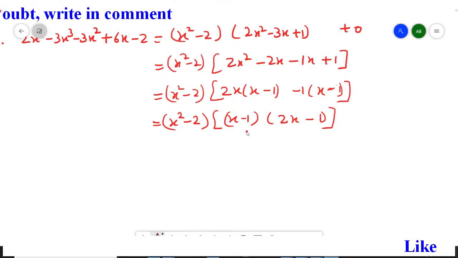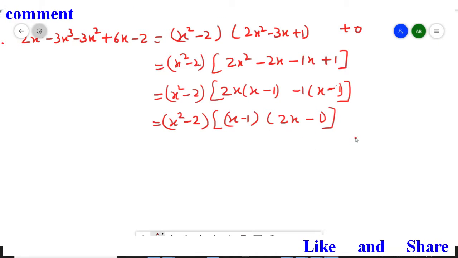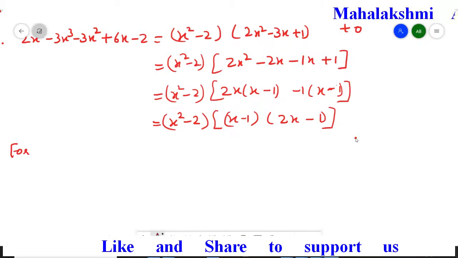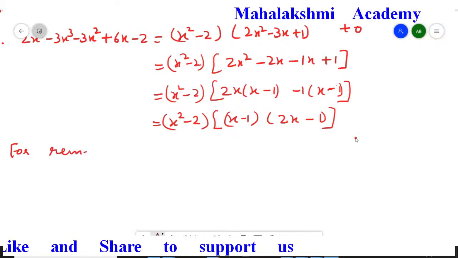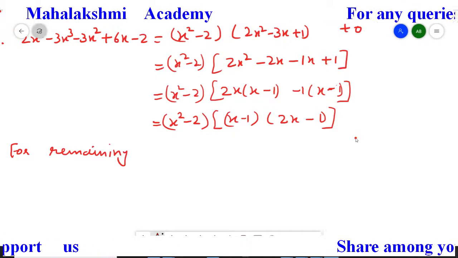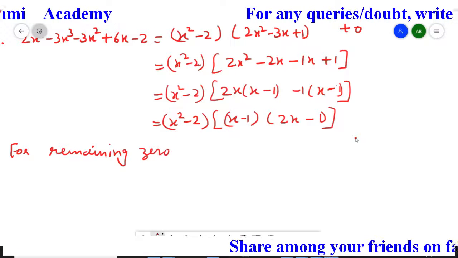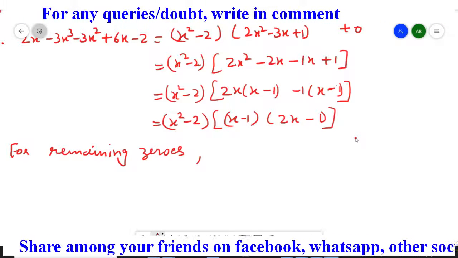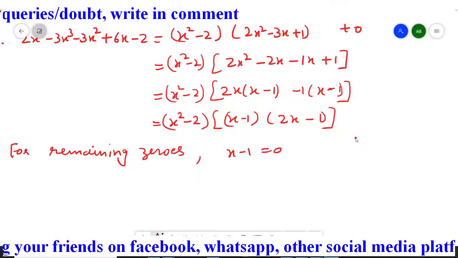Now from these two terms, two zeros we are going to find out. So we'll write down here the remaining zeros. What we are going to do is x minus 1 equal to 0.